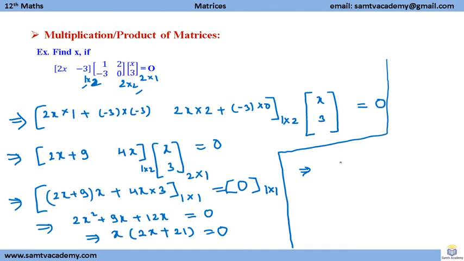Two values of x we will get here, x is equal to 0, and then next we will get 2x plus 21 is equal to 0. So the value of x will be minus 21 by 2.